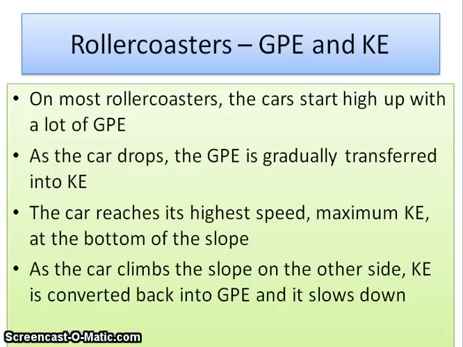Now this is actually used to calculate roller coasters and look at where the drops can be and how high the drops have to be, and where they need to gather more gravitational potential energy in order to get the kinetic energy for the movement of the car.